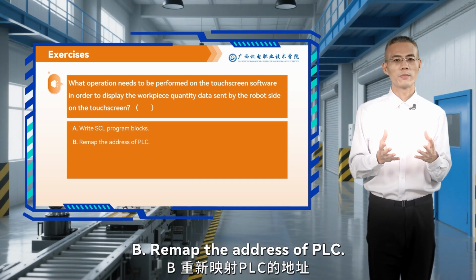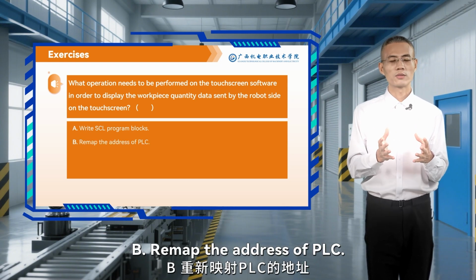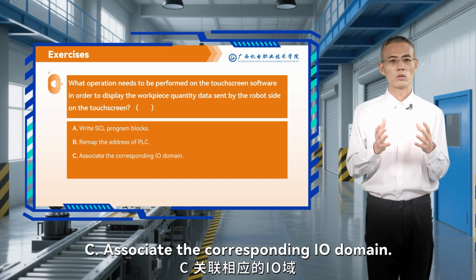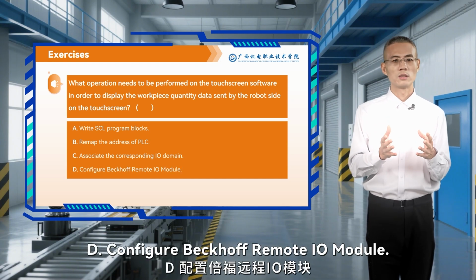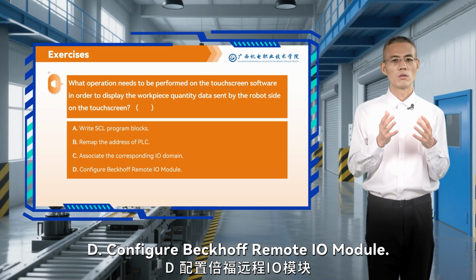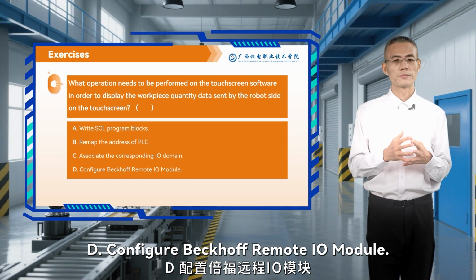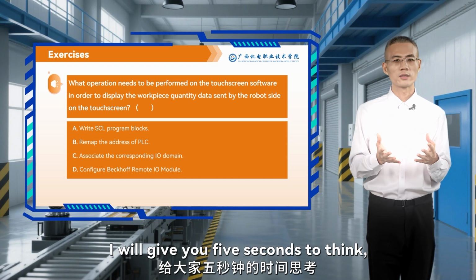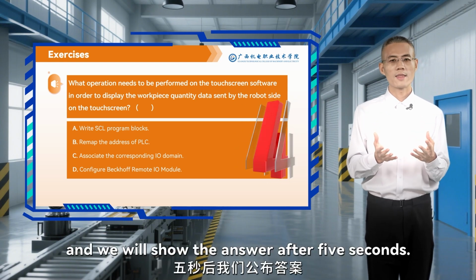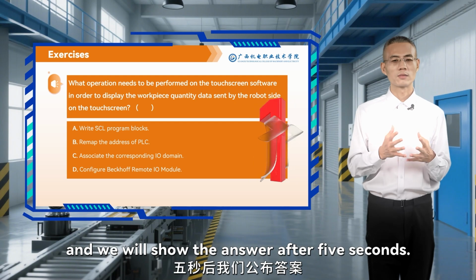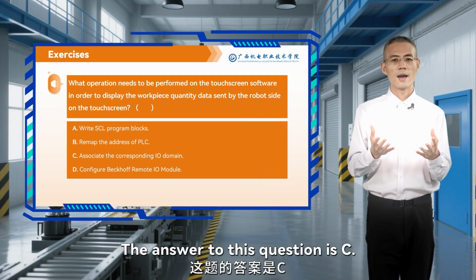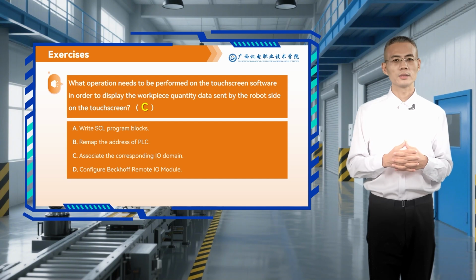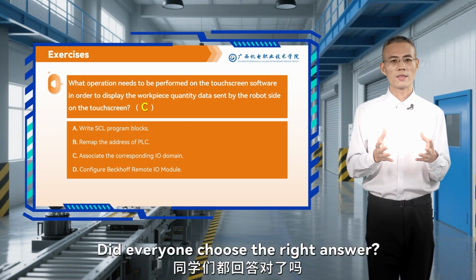B. Remap the address of the PLC. C. Associate the corresponding I/O domain. D. Configure the Beckhoff remote I/O module. I will give you 5 seconds to think and will show the answer after 5 seconds. The answer to this question is C. Did everyone choose the right answer?